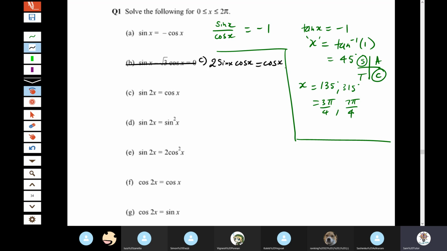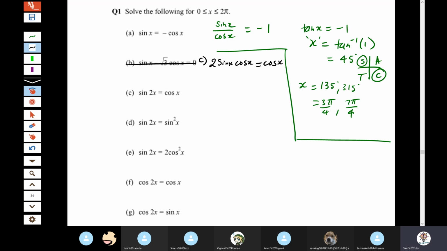Now this is where the confusion comes in. Because of what I did in A and B, people think, okay, we should divide by cos x. The problem is, if it cancels itself out, you got rid of an answer. If I divide by cos on the right-hand side, I would also be dividing the left-hand side. That's bad because you got rid of one answer.